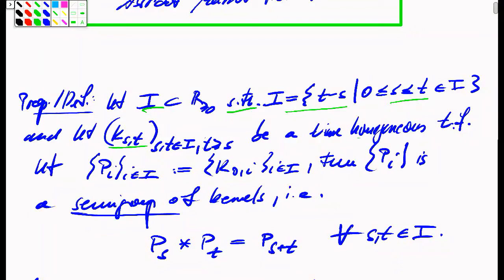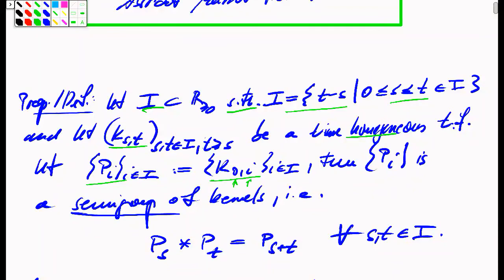If we assume that this is a time homogeneous transition function, then we can pass to a reduced representation of these kernels by looking at the family of kernels, which shall be denoted by pi, which are obtained by fixing the first time at 0 and varying the second time variable.